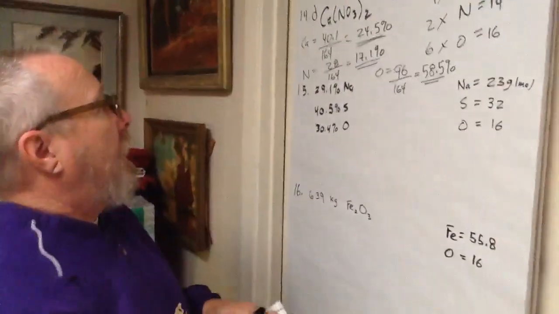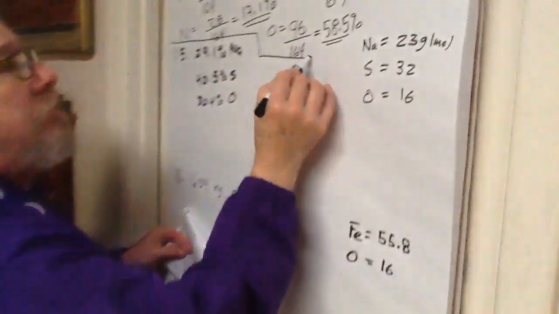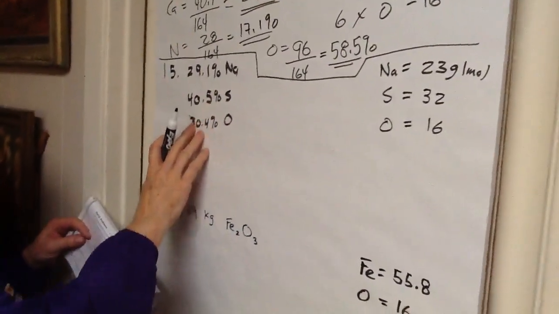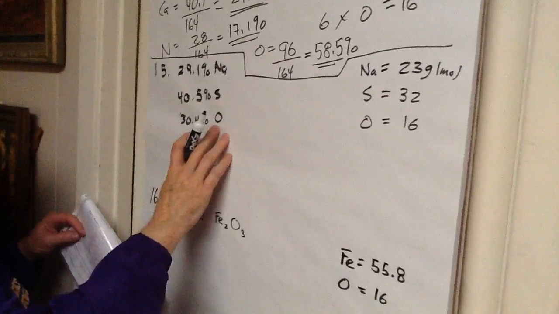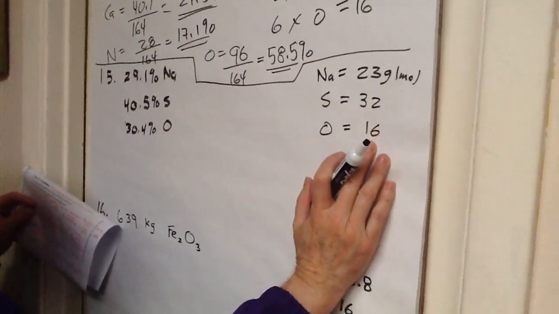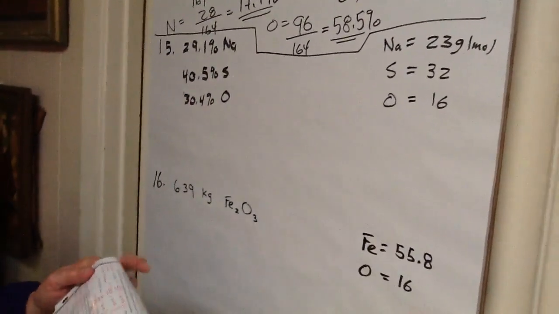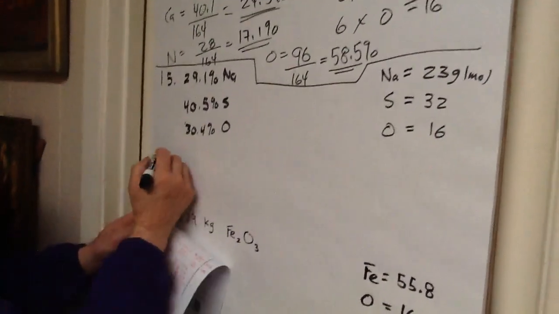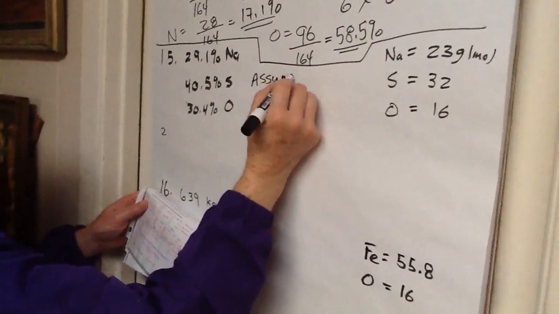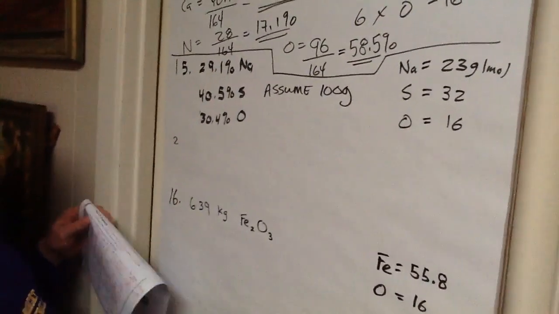So we have this compound and it is 29.1% sodium, 40.5% sulfur, and 30.4% oxygen. Sodium is 23 grams per mole, sulfur is 32 grams per mole, and oxygen is 16. So what I'm going to do is assume 100 grams of substance because it's easy to work with.